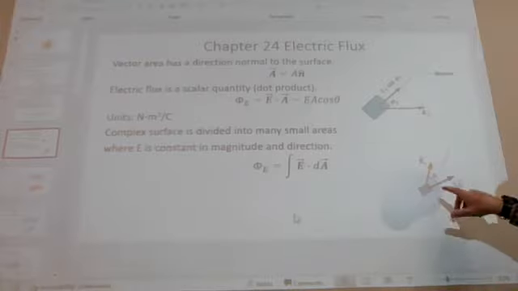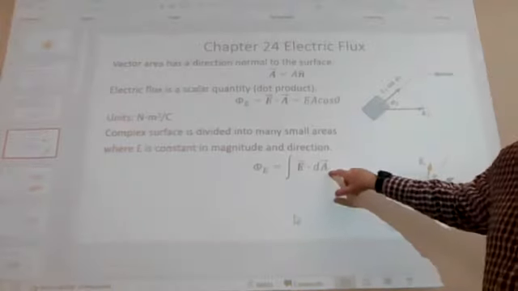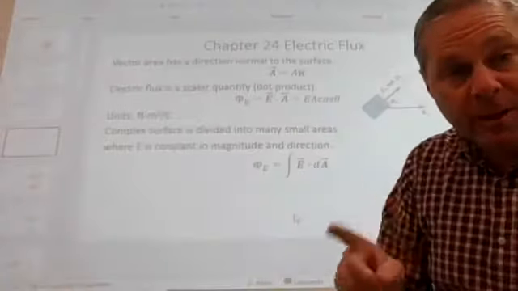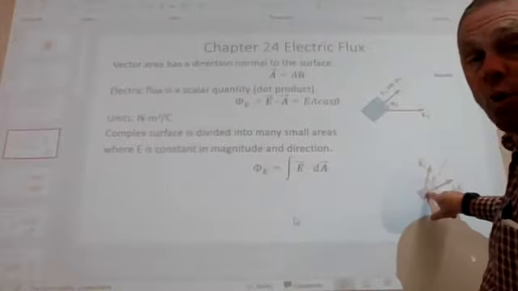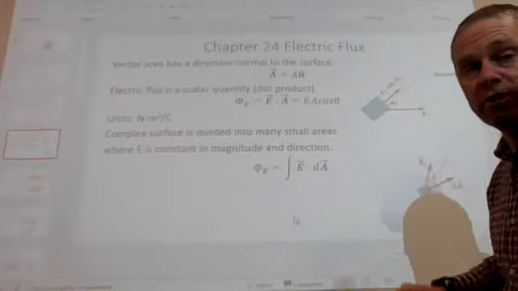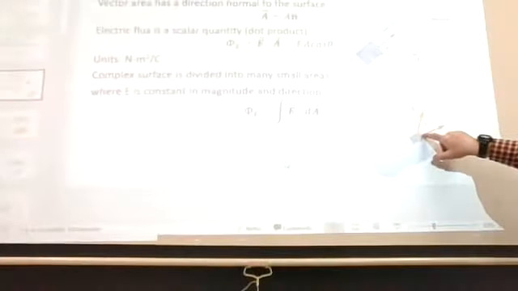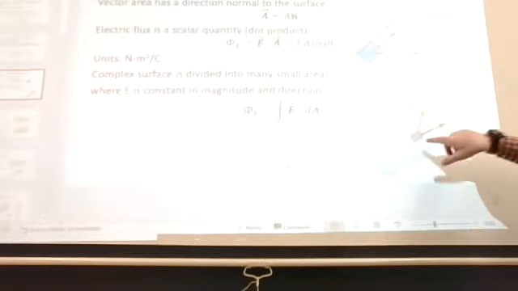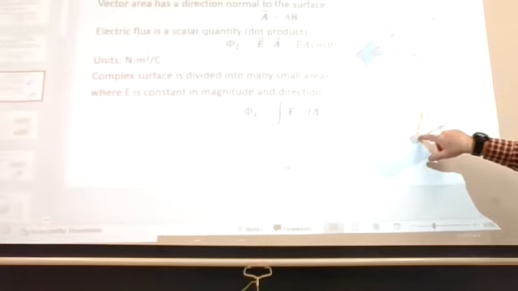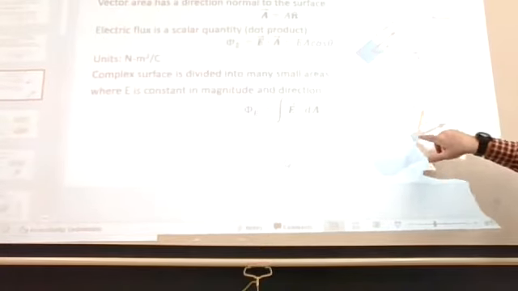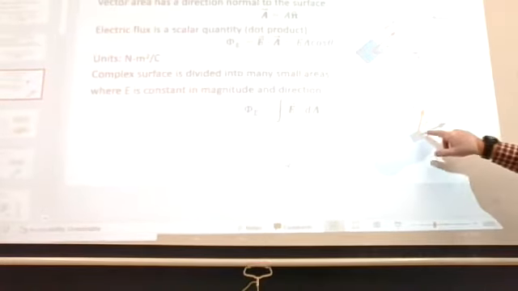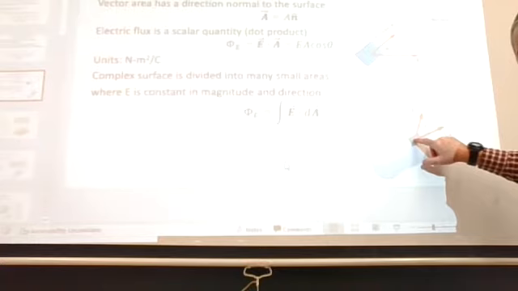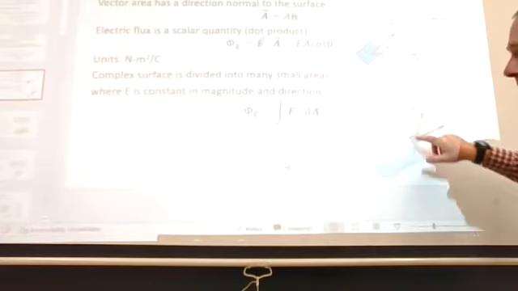What we do now is, I told you that the area was a vector. The only way that area is a vector is because I take the vector normal to that area, which is what I have here. This vector represents the area, but it's going to be normal to that actual area. So the magnitude of that vector is going to represent the area of this little tiny rectangle there.